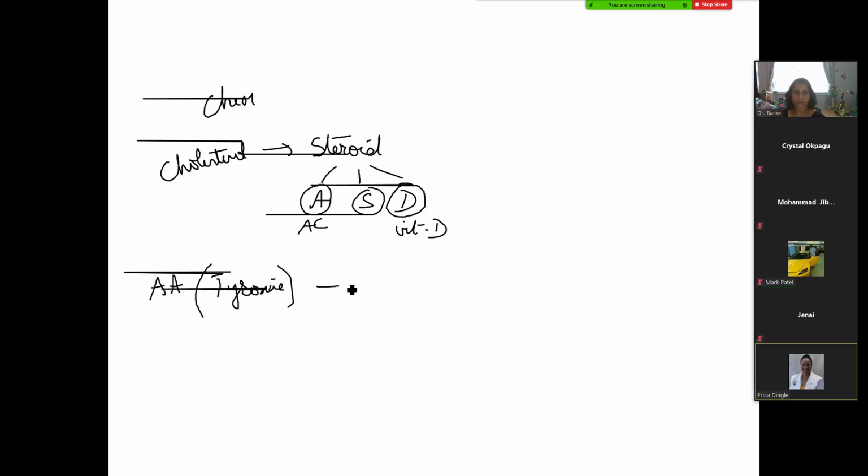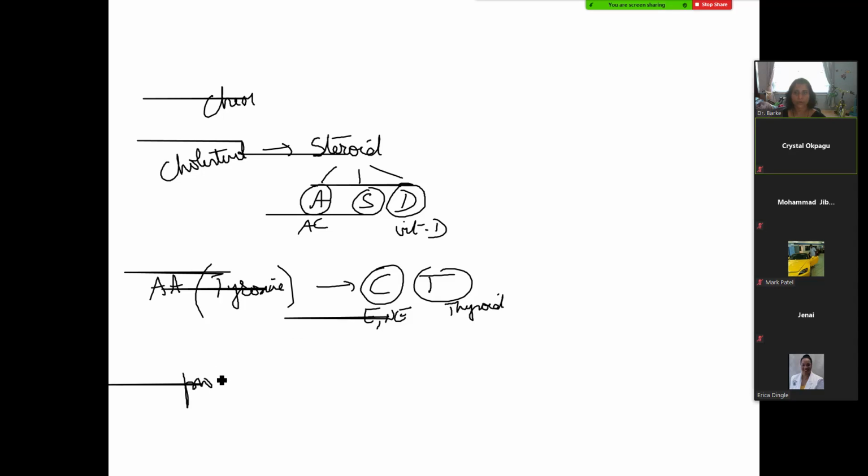Which hormones were derived from tyrosine? Epinephrine, norepinephrine, that's catecholamines, and thyroid. Whatever does not belong to this will belong to the proteins and polypeptide group. You don't have to memorize them. Just remember these.